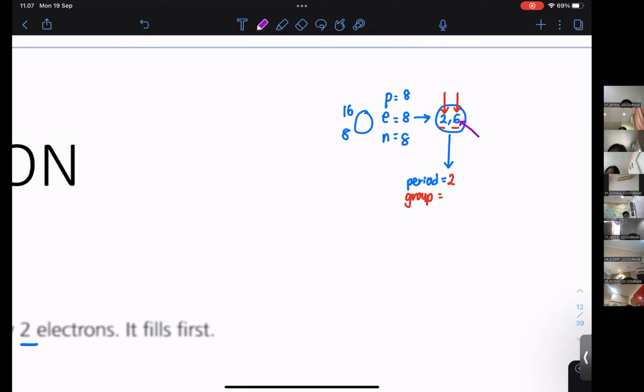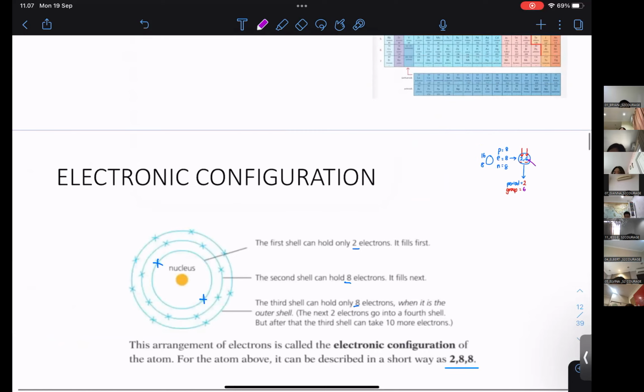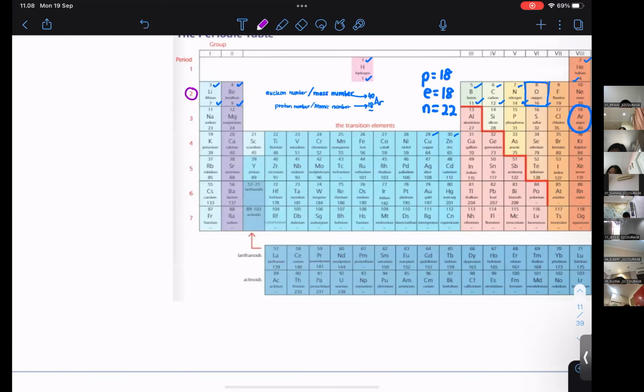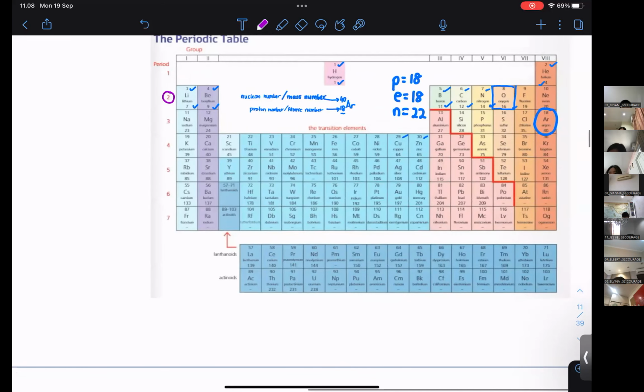So this belongs to group number 6. Putting it together, oxygen is period number 2 and group number 6.